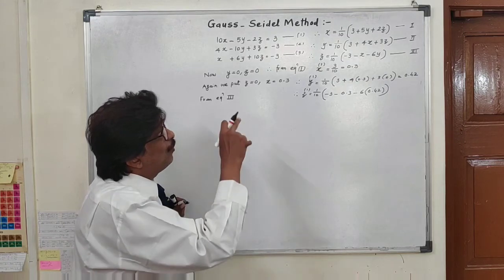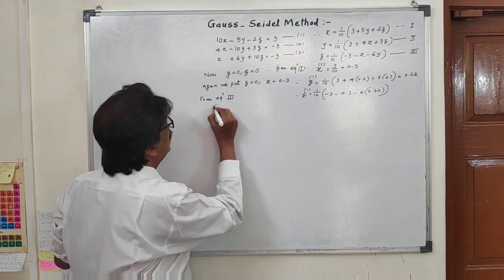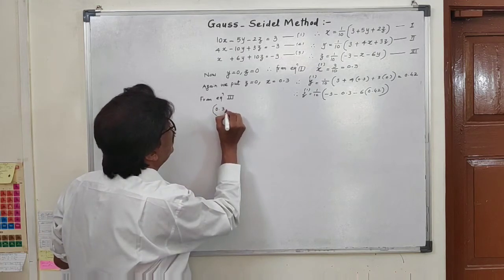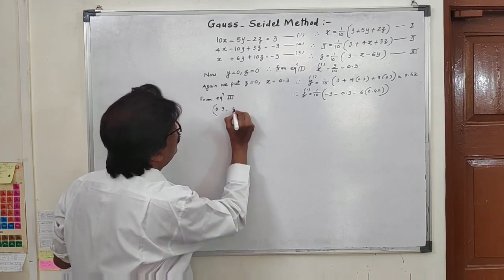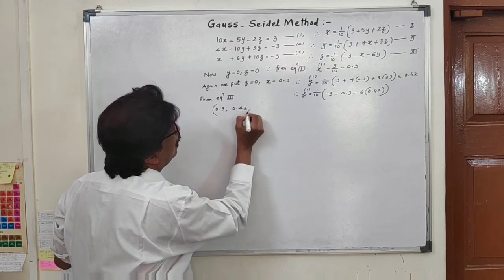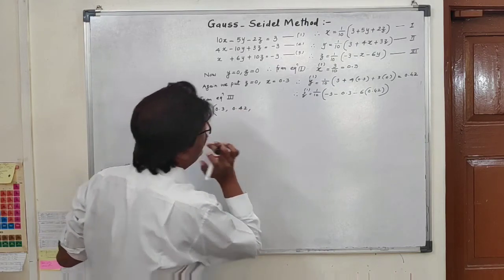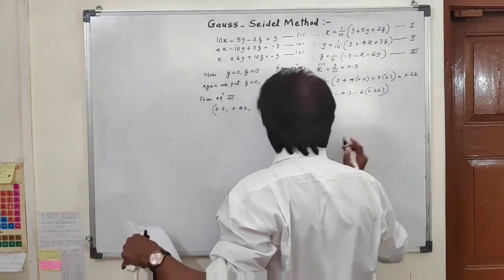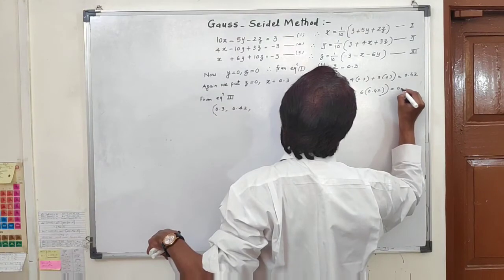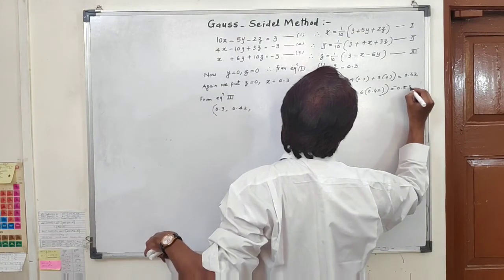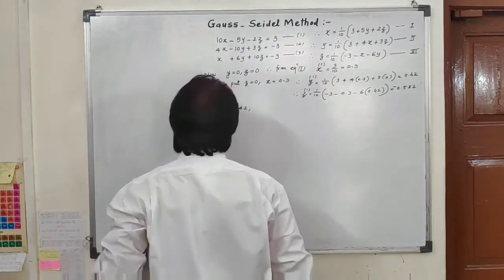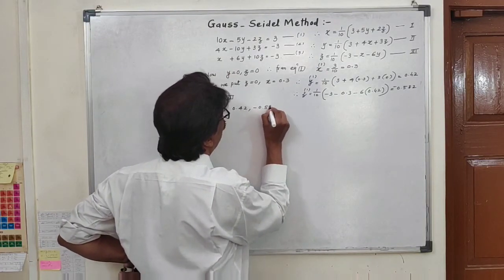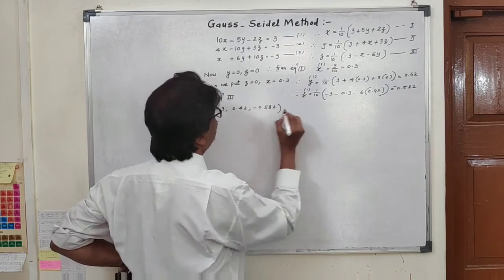So these are x1, y1 and z1. This set is: x is 0.3, y is 0.42, and z is minus 0.582. So this is the first iteration.